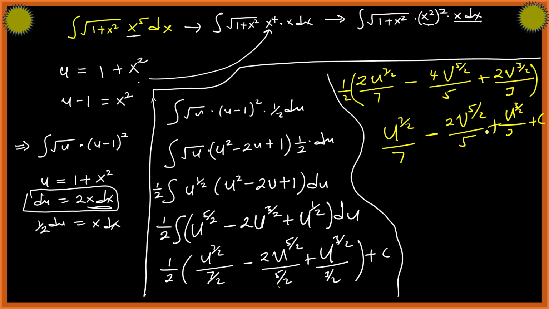So let's write the final answer as we do the substitution. So let's write the original function. We have u as 1 plus x squared.